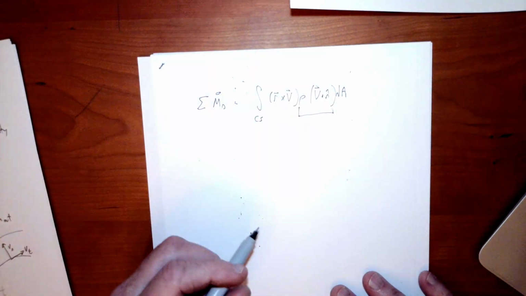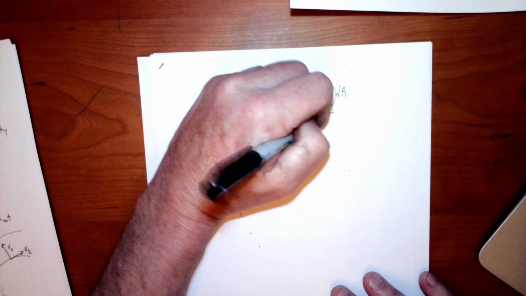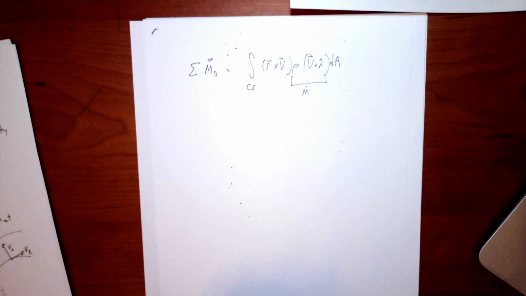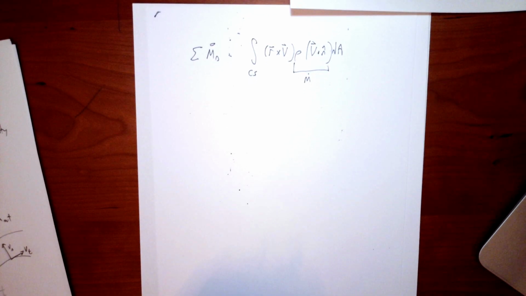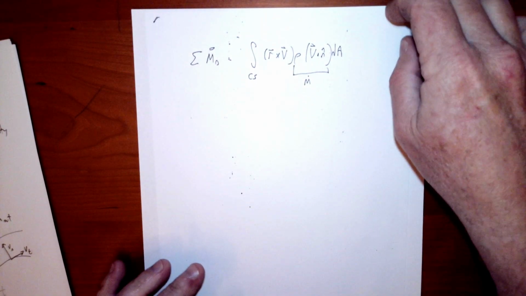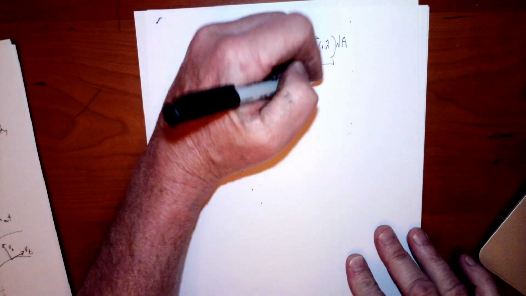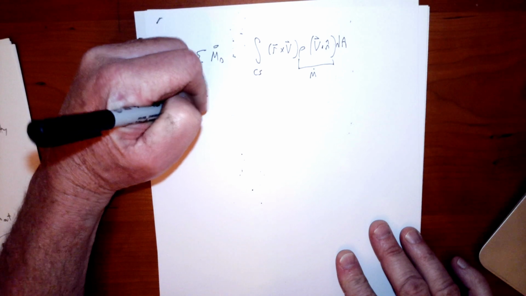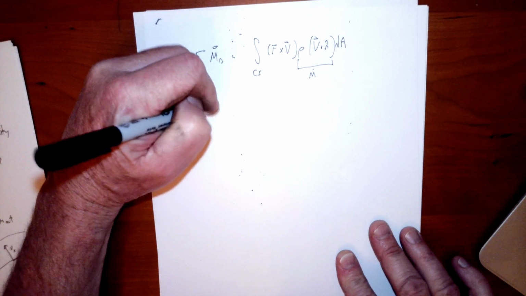What is this? This is actually m dot entering and leaving, right? That's going to be your density, your velocity dotted with the surface normal that's going to cause it to either enter or leave, depending on which surface you're at. So we're going to recognize this is going to come out to be m dot.